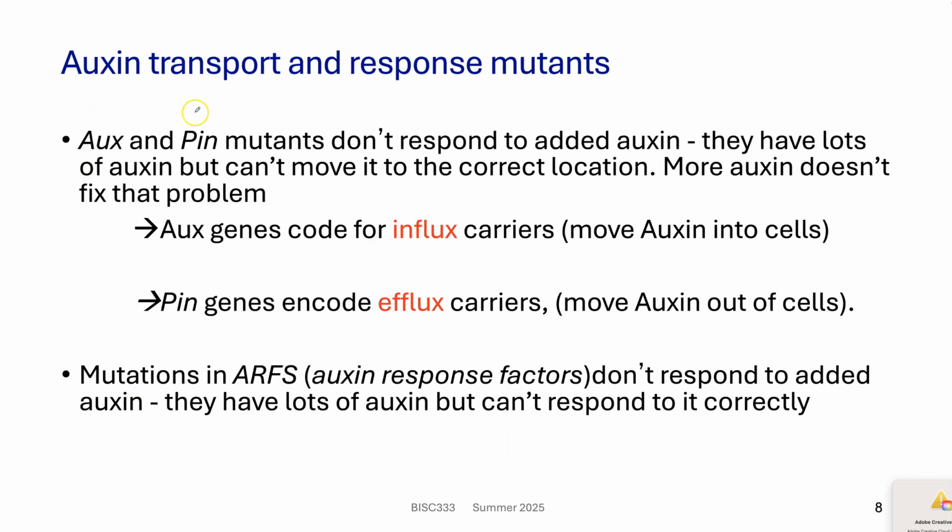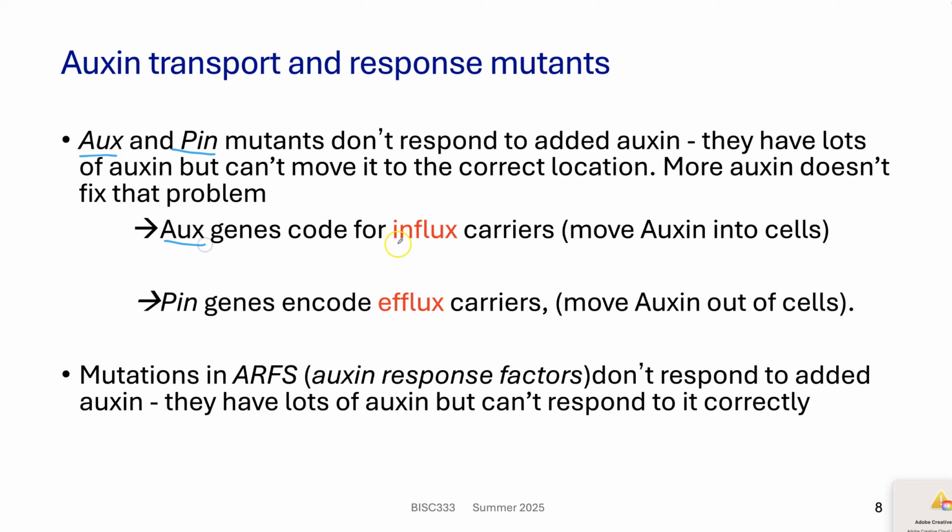And then, so how do we tell the difference? So the AUX and the PIN mutants don't respond if we add auxin to them. They already have plenty of auxin, but they just can't move it around to where it's supposed to go. So you cannot fix this or quote unquote rescue this if you give them auxin.